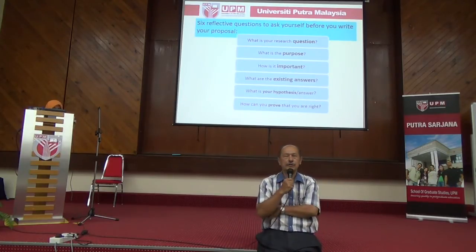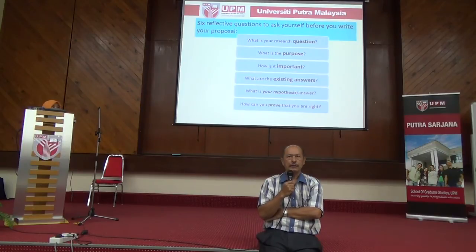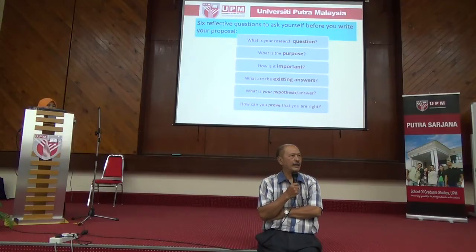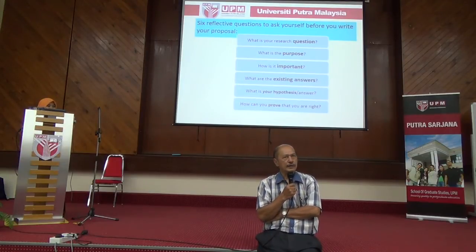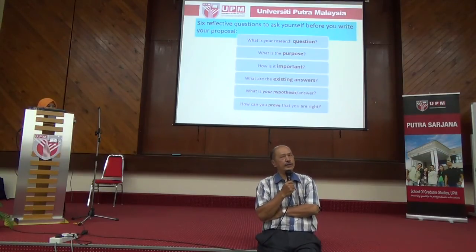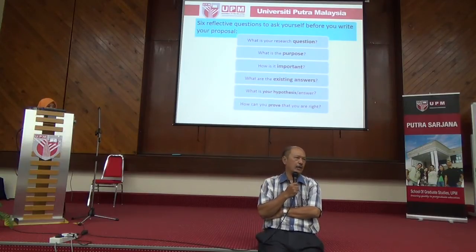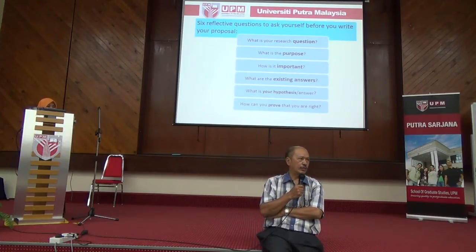I have students who have failed with me. I've given him everything, but there is a big problem, plagiarism, cheating. We have quite a number of students who cheat in their data, all this sort of thing. So that one is a different issue. Today the topic is how to write a proposal.